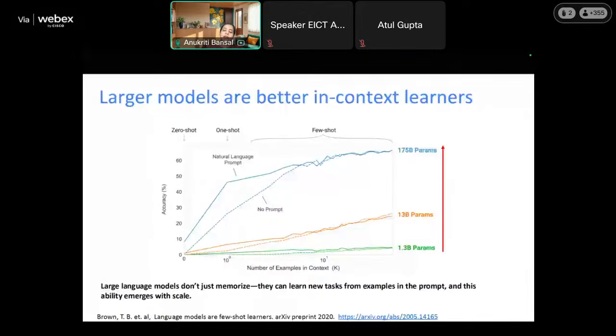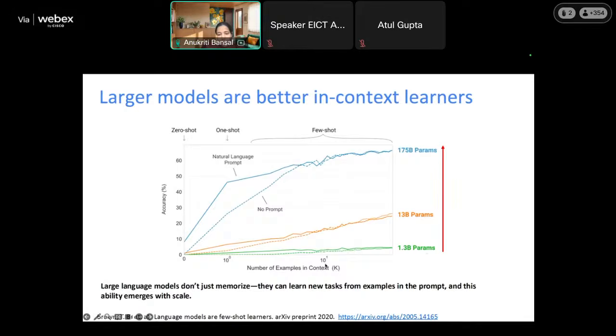They are using these examples for learning in a better way, and even for tasks they have not been trained on earlier, using those few shot examples they were able to do those tasks as well. Here you can see on the left side it is showing accuracy, this is the number of examples, and these are the number of parameters in my model.